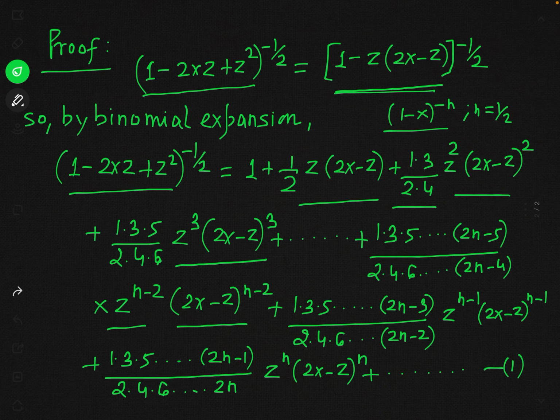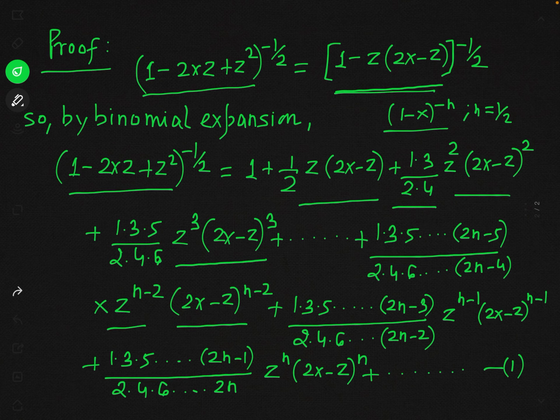And similarly for the nth term you can write 1 into 3 into 5 and so on up to 2n minus 1 divided by 2 into 4 into 6 and so on up to 2n into z to the power n into 2x minus z to the power n, and so on. So we have expanded this in binomial expansion.